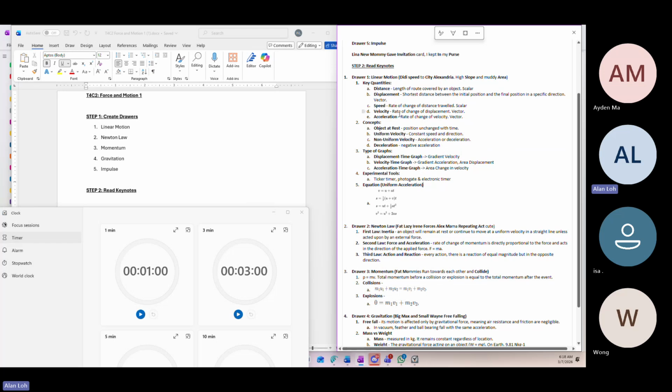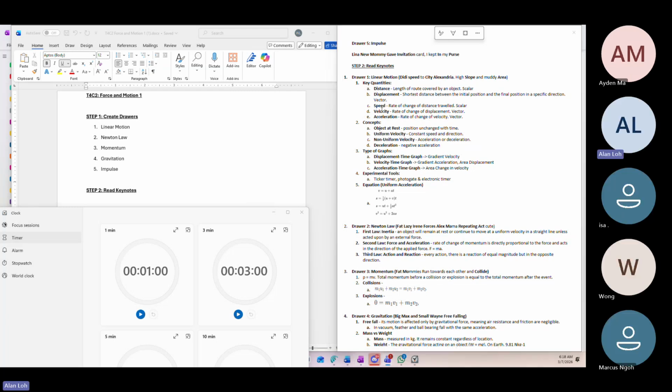especially this drawer, you need to remember this. You need to remember these 5 quantities, right? How do I remember these 5 quantities? I'm using this story. In Chinese, little brother, we call Titi, right? So Titi speed.